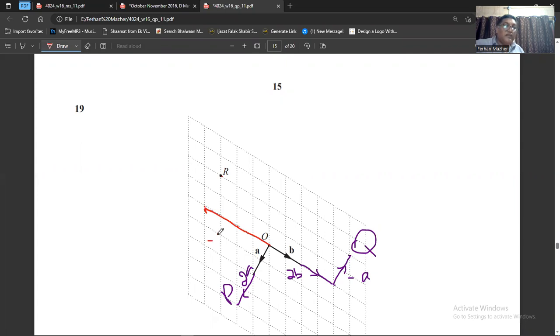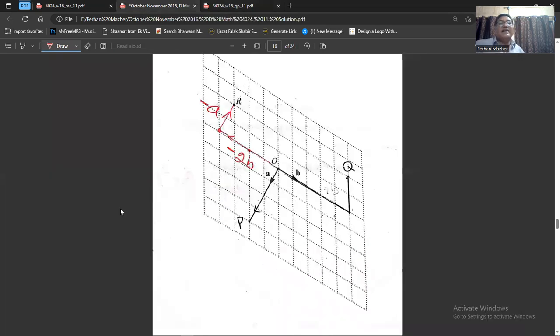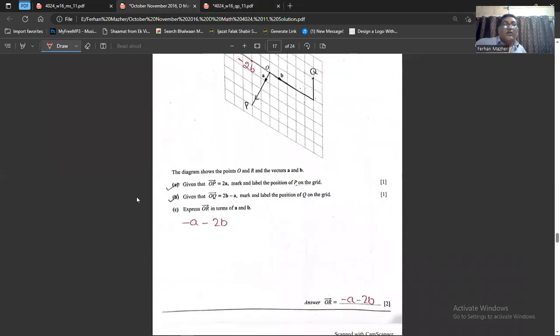This is minus 2B. Then you come one step here, 2 steps up. So this will be minus A. I hope you understand what I'm saying. So OR will be minus 2B minus A. OR will be minus A minus 2B, you can say.